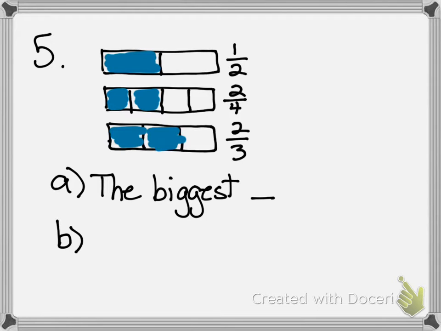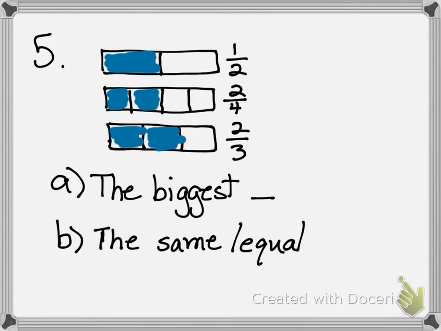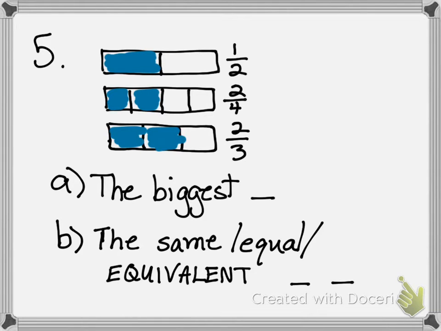And B, I want you to write the fractions that are the same or equal. There's a special word that we have for this. When we're talking about fractions that are the same or equal, they're called equivalent fractions. So you need to tell me the name of the 2 fractions that are the same.